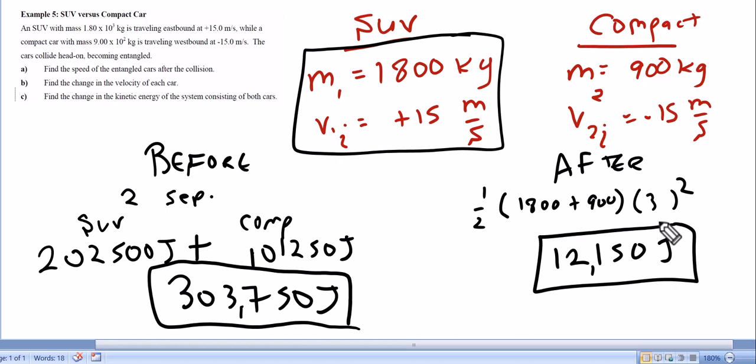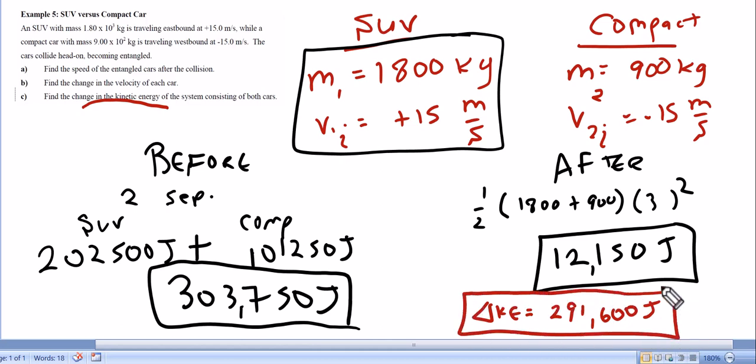Now, look at how much energy we have, but look at how much energy we had. Let's answer the question: the change in kinetic energy. If I subtract these two numbers, I get the change in kinetic energy to be 291,600 joules. That's how much energy was lost because of the collision.